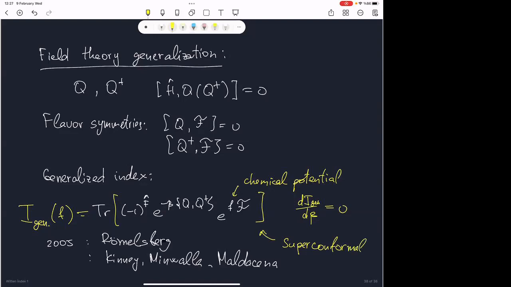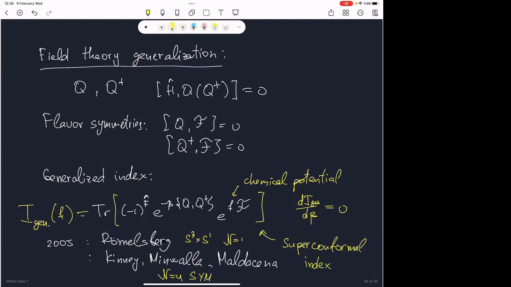Kinney, Minwalla, and Maldacena considered N=4 super Yang-Mills, which is a conformal theory. Römelsberger considered an N=1 theory, but on the special manifold S3 times S1, which is also conformal. So this is the superconformal index.